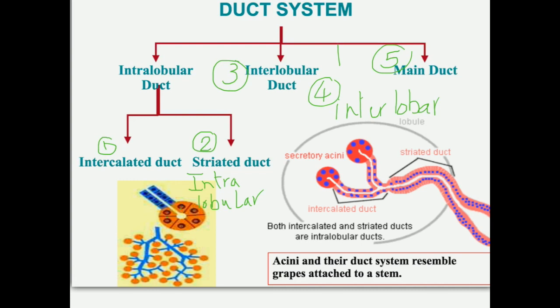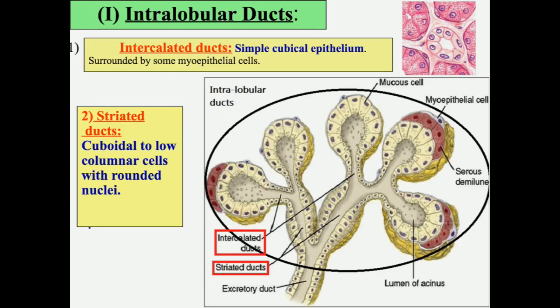You should remember the lining epithelium of each of these 5 ducts. According to the textbook, we have the first one, which is the intercalated duct. It is the first duct arising from the acinus.